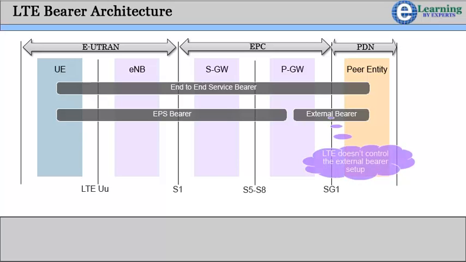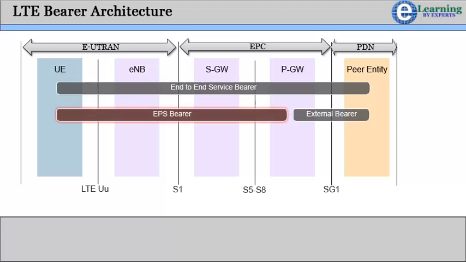LTE doesn't control the external bearer setup. IP-based QoS mechanisms including service-level agreements or SLA will be used to set up QoS on the external bearer. For each application, an EPS bearer and an external bearer will be constructed.